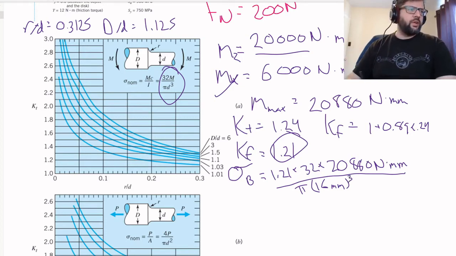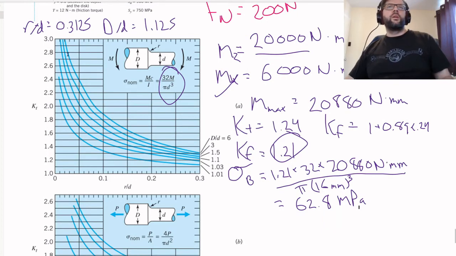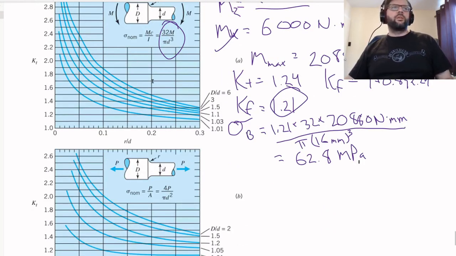That will be equal to 62.8 MPa. Our units here cancel out to newtons per millimeter squared, so that's MPa. I'm just going to move that.